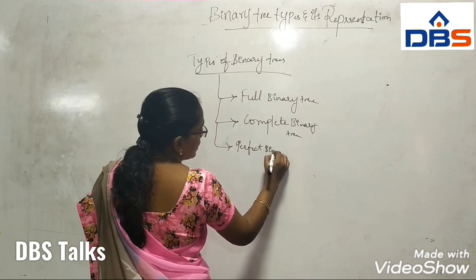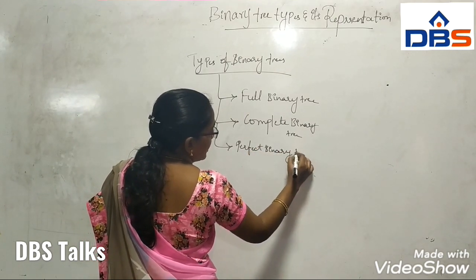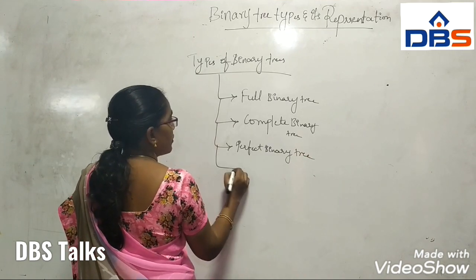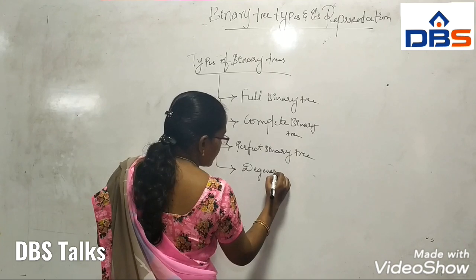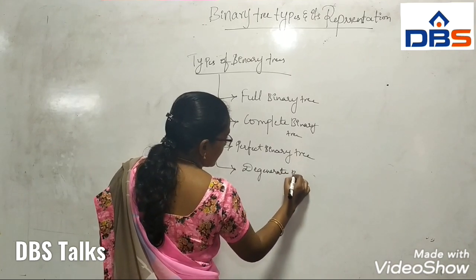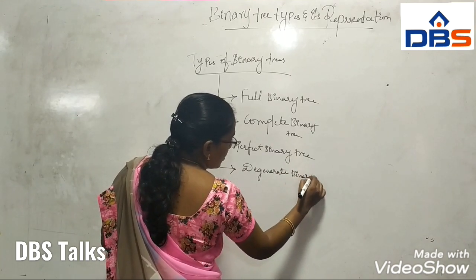Third, perfect binary tree. Fourth one is degenerate binary tree.